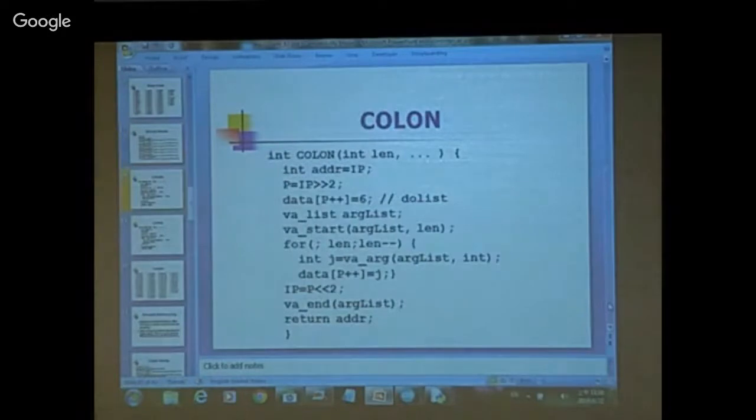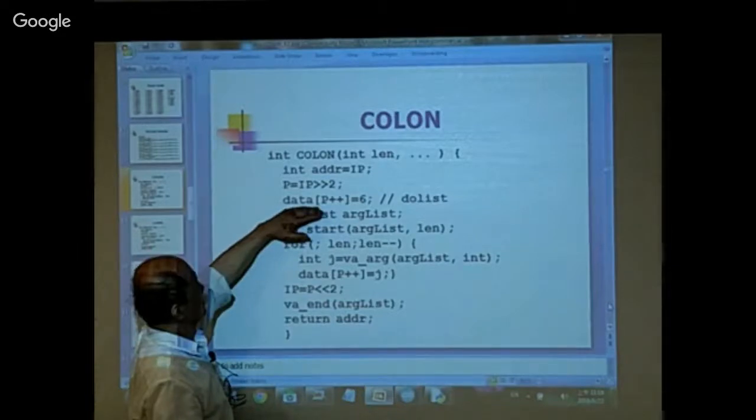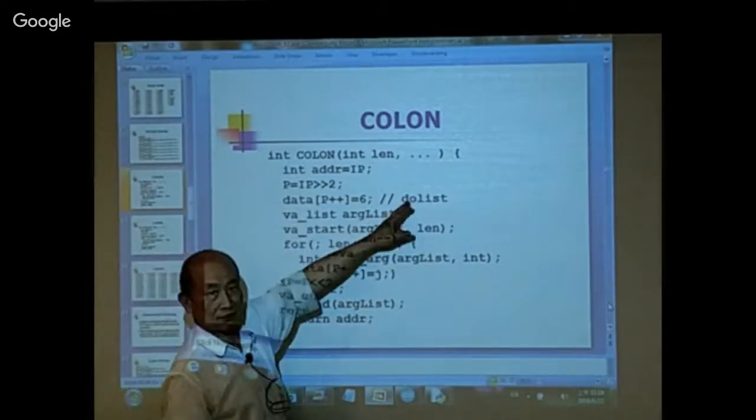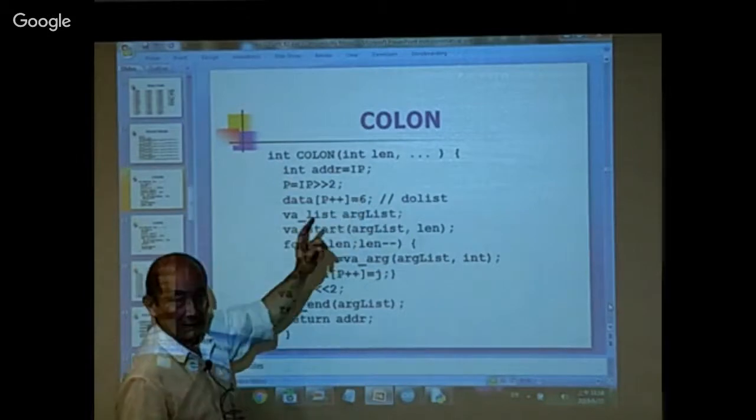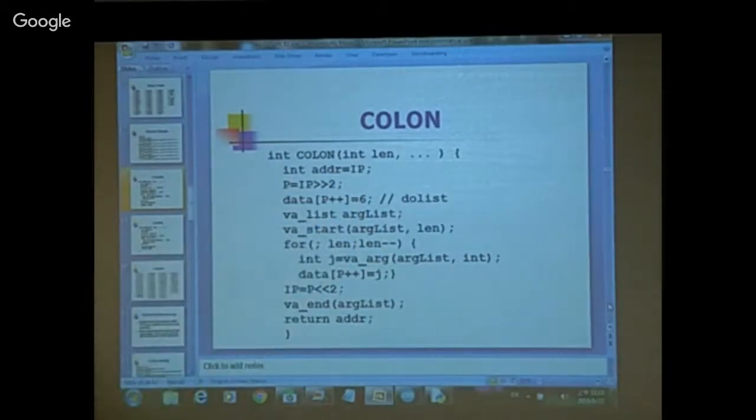The rest of them are just zero. In essence, I need this bytecode 6 to interpret the list. Once you have that word in the code field, you construct the parameter field with all these parameters.